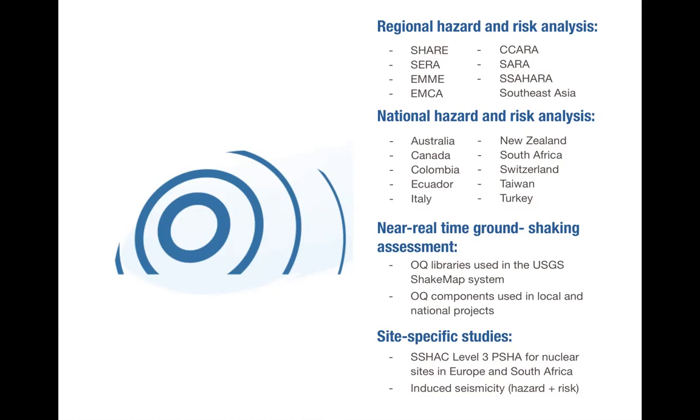And components of the OpenQuake engine library have also been used in several local and national projects. For example, Portugal has started using OpenQuake for developing near real-time ground shaking assessment for earthquakes in Portugal.